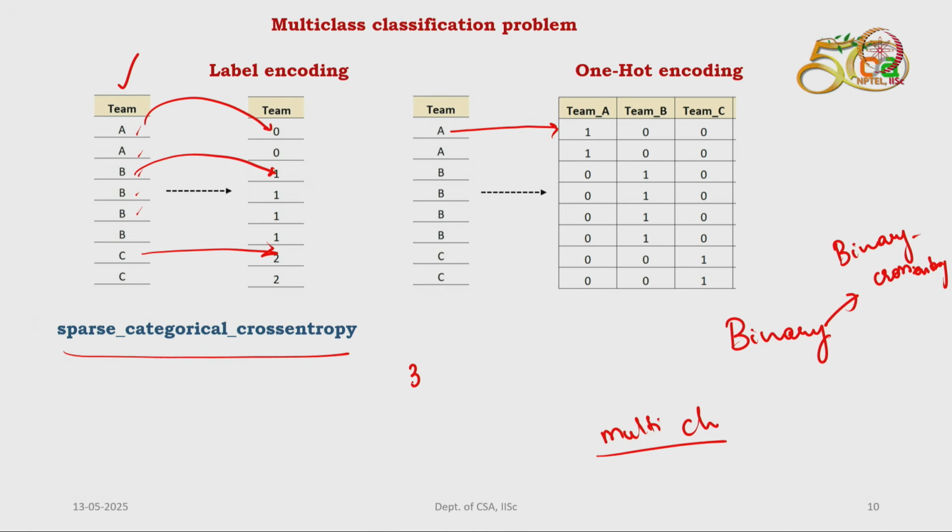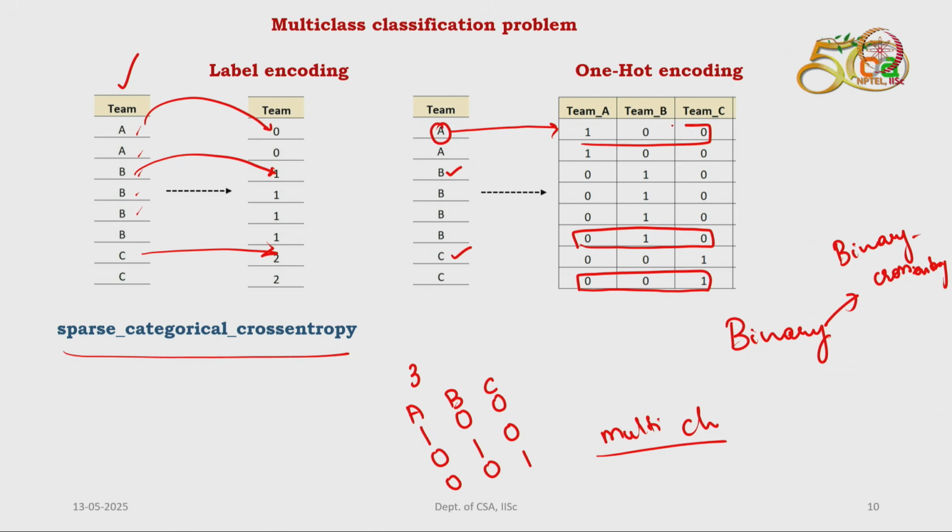There are 3 classes: A, B and C. And this is A. It is A, not B, not C. When you take B, it is B, not A, not C. When it is C, it is C, not B, not A. That is how you represent it. C is represented this way, B like this, and A in this way. If you replace the class labels in this particular format, we call it one hot encoding.